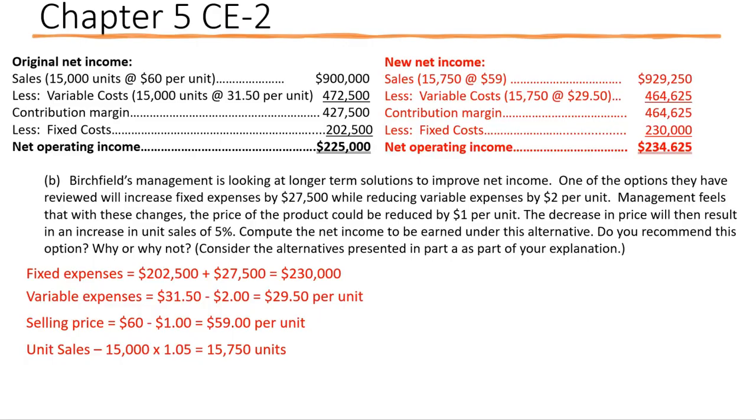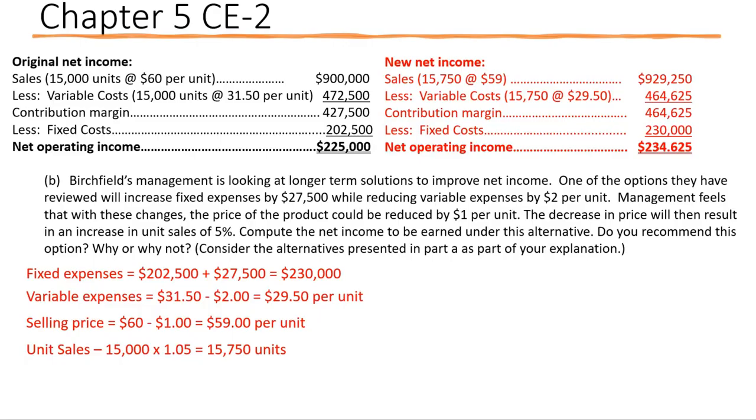So that gives us a contribution margin of $464,625. Okay, fixed costs, $230,000 now. So we subtract that, and we have our new net operating income of $234,625.